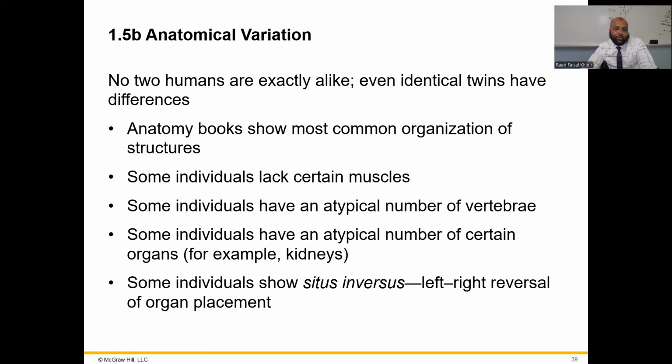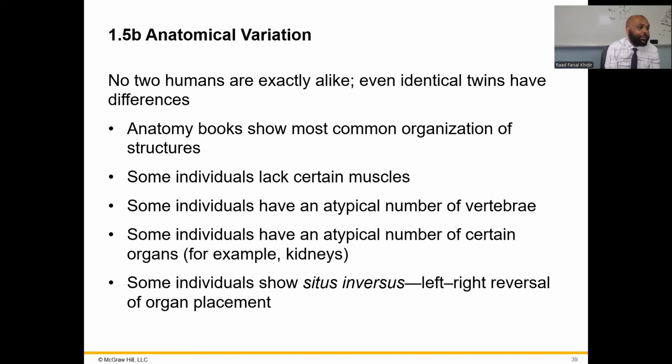Some individuals lack certain muscles, and some individuals have an atypical number of vertebrae. This shows you that what we study in anatomy and physiology is true for about 70% of the population. It doesn't mean every single human being looks like that on the inside.